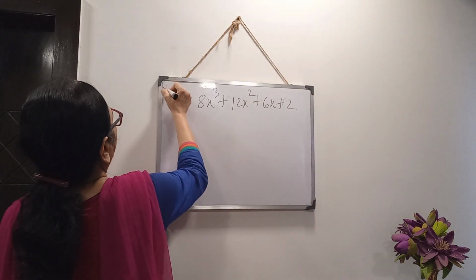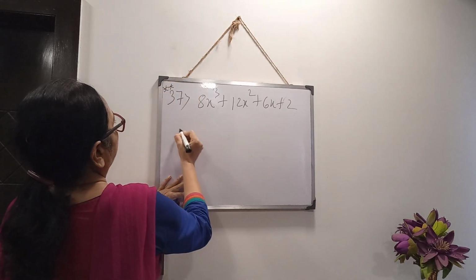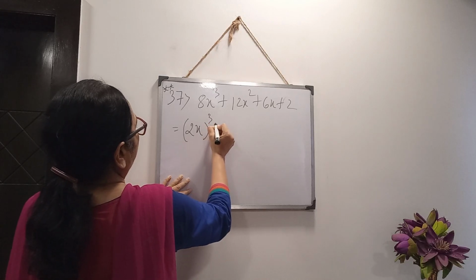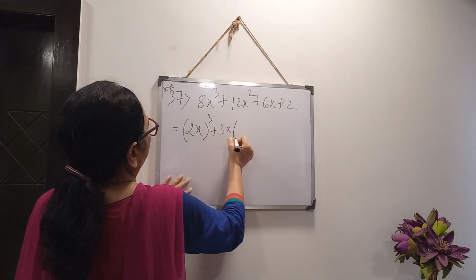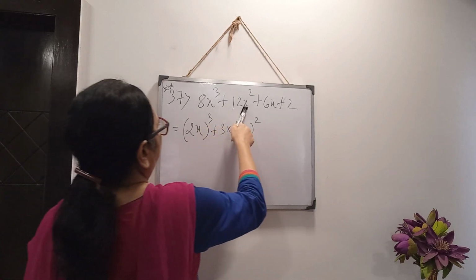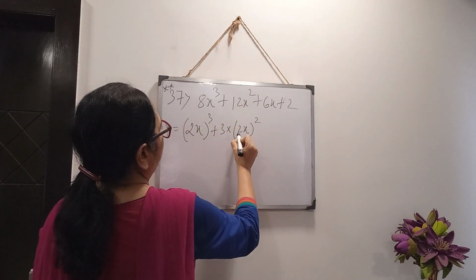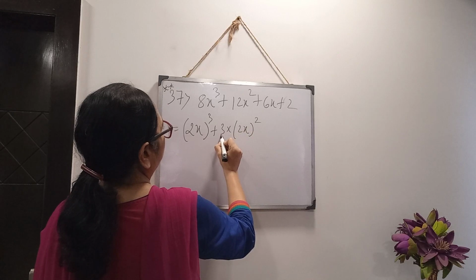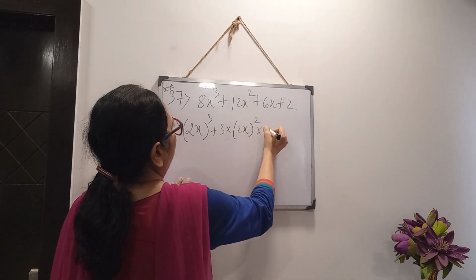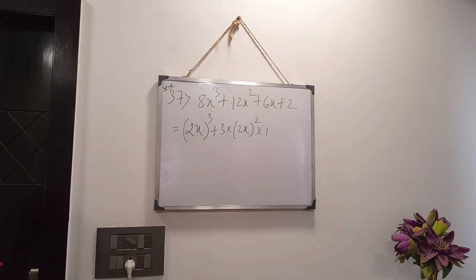See, give a star mark. This I am writing in this form: 2x whole cube plus 3 into 2x whole square. There is 12x square. So if you open the bracket, 2 2s are 4, 4 3s are 12, 12x square you have already got. So we can only multiply by 1. Clear?